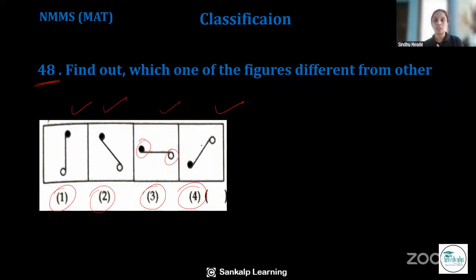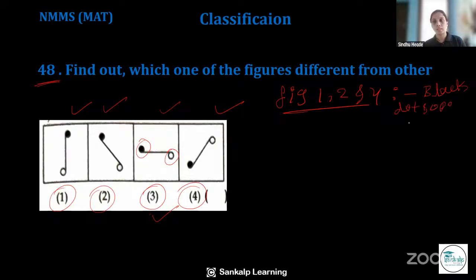The remaining figures show top or bottom positions. So here image 3 is different. So figures 1, 2 and 4 have a black dot and an open circle.